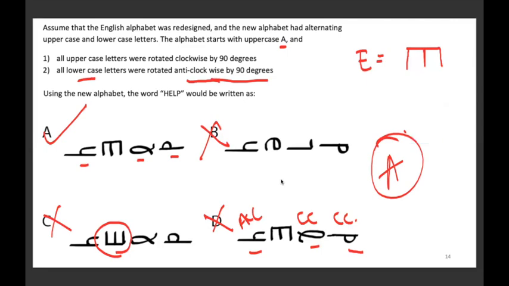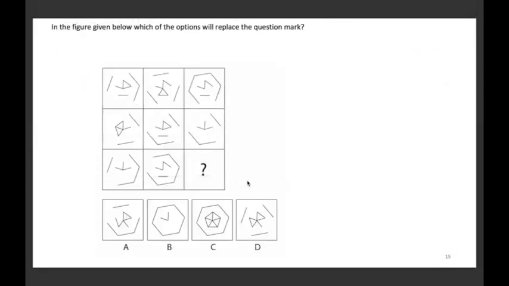ओके, विल मूव टू द नेक्स्ट वन. इन द फिगर बिलो विच ऑफ द ऑप्शन विल रिप्लेस द क्वेश्चन मार्क? यहाँ पे कौन सा फिगर आएगा? In this case, when I look at the matrix, जो middle वाला part है, it's the common part. ये दोनों का जो भी common lines है center के वो यहाँ पे आ रही है. Versus बाहर वाली lines are addition in nature. They are adding to each other.